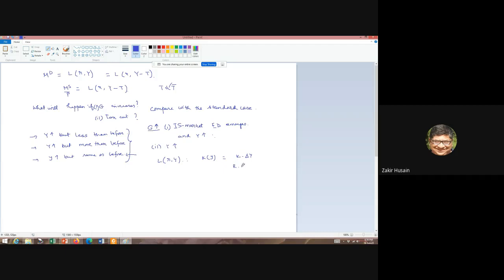Now it is going to go up by del y minus del t. So the transaction demand rises, but it is less. So that means you still have excess demand in the money market, but the level of excess demand is less.